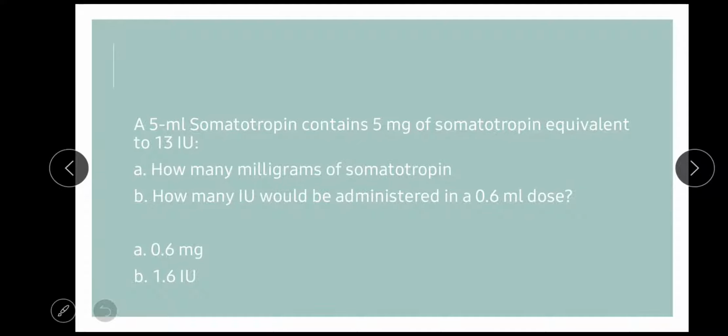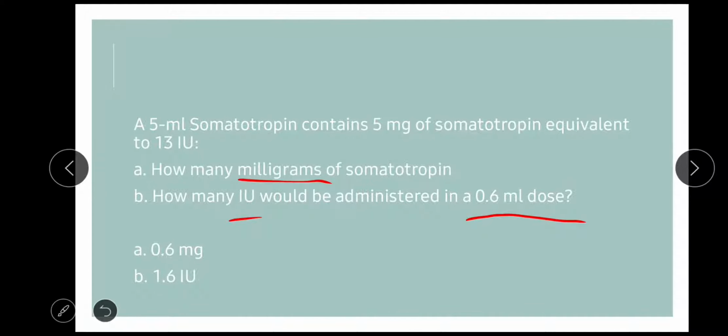How many milligrams of somatotropin and how many IU would be administered in a 0.6 ml dose? In one problem, we are looking for two things: milligrams of somatotropin in a 0.6 ml dose and IU in a 0.6 ml dose. For me, it's easier to find the IU first. How?